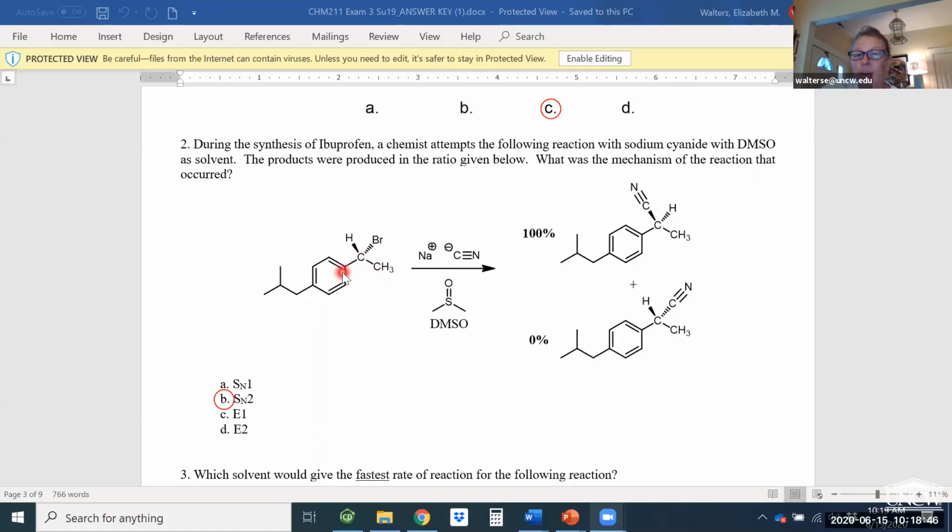You don't have a beta hydrogen down here. You have a beta hydrogen here, but neither of these products has an alkene in it, so it cannot be elimination. You're shown the mixture that you get 100% of one enantiomer, 0% of the other. You have a strong base and polar aprotic solvent. So this is all leaning towards SN2.